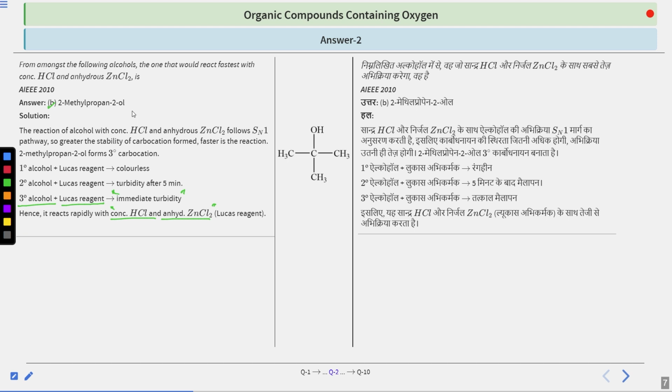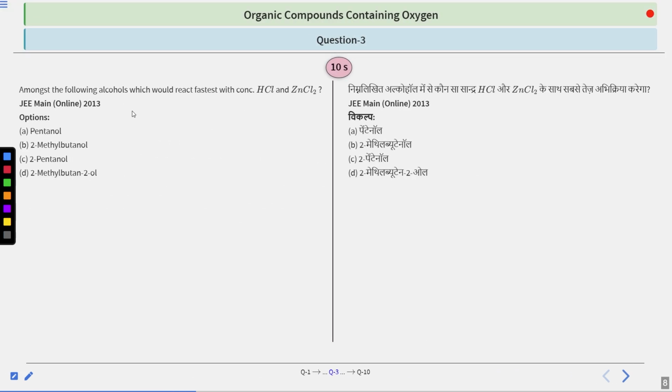Okay, let's move on to our next question. Amongst the following alcohols, which would react fastest with concentrated HCl and zinc chloride? So we have this question that amongst the following alcohols, again we have been given some alcohols and you have to tell which would react fastest with the concentrated HCl and zinc chloride combination.